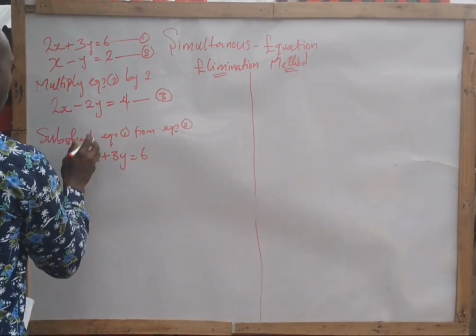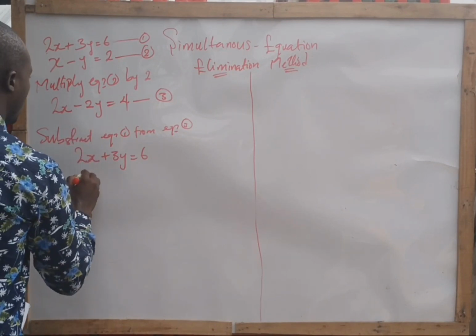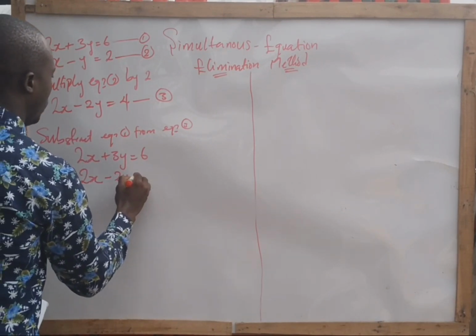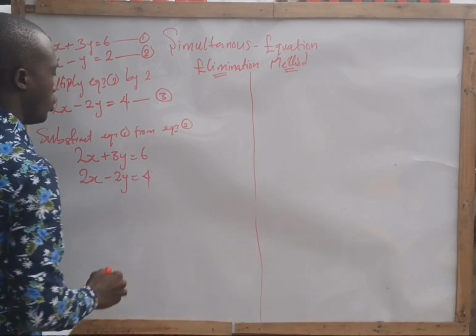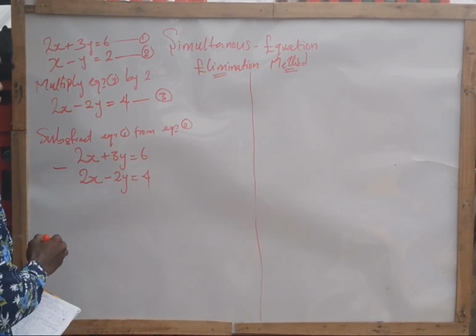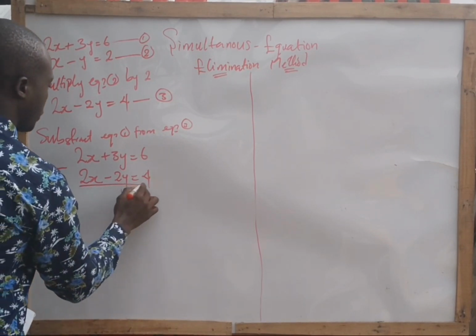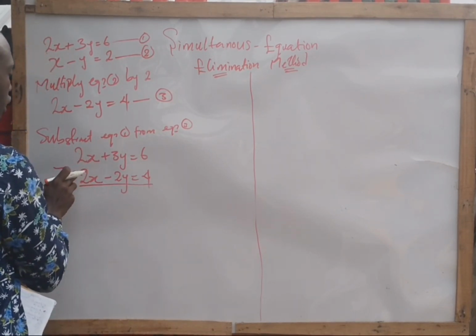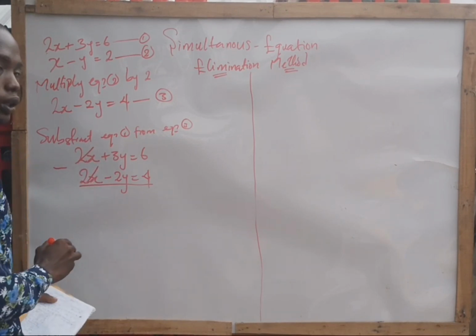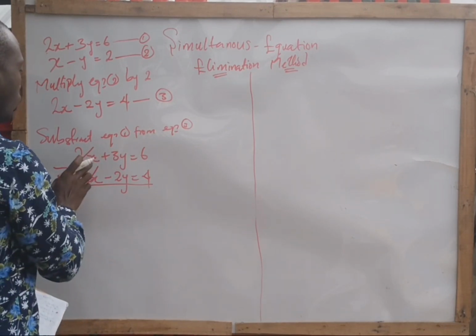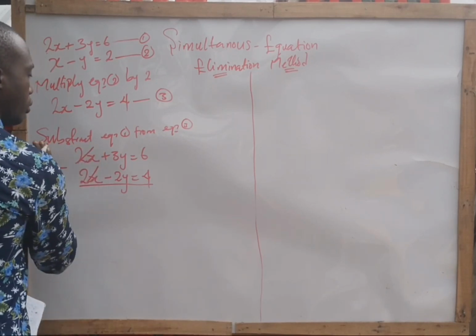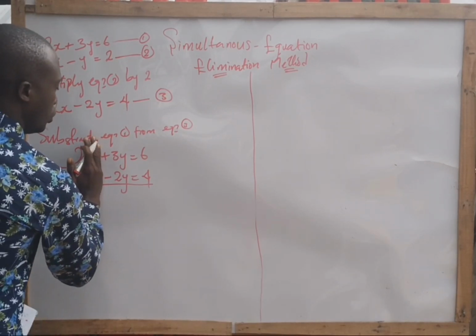And then our equation 3: 2x minus 2y equals 4. Now we subtract and put our subtraction sign here. Since this is 2x and this is 2x, they cancel each other. This is the elimination. We have eliminated x from the equation. We are now left with what?